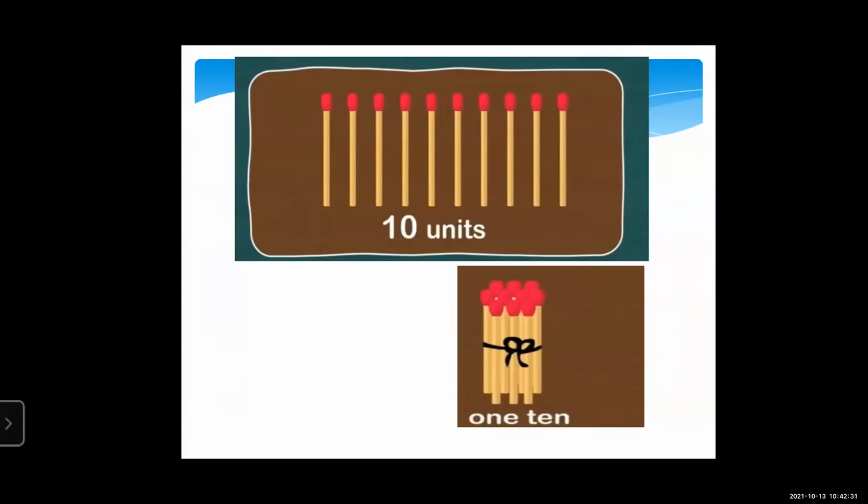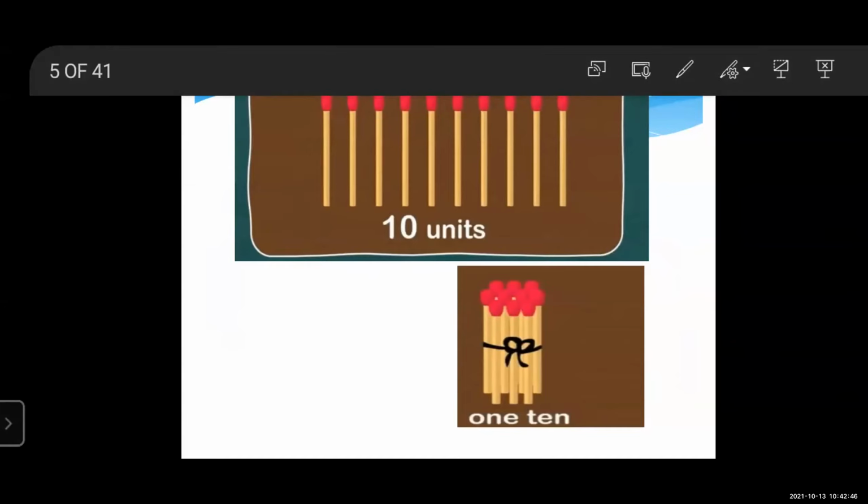See, next example. What is this? Can you tell me what this is? Matchsticks. Yes, these are matchsticks. And there are 10 matchsticks, meaning 10 units. I already told you, there are 10 matchsticks, that is 10 units.